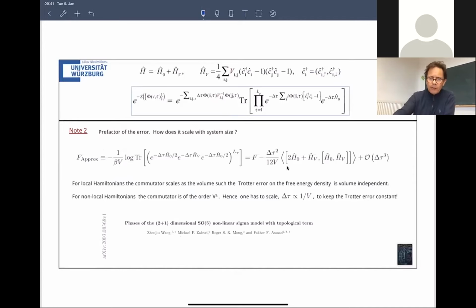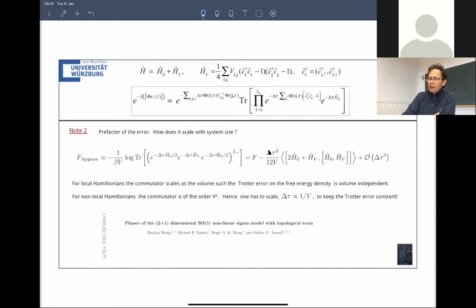And you should ask yourself how this commutator of commutator scales with system size. If you have HV and H0, which are sums of local terms, then you can argue that this commutator will be proportional to the volume. The commutator of the commutator will also be proportional to the volume. So I have a volume term here, which cancels this volume term here. And the systematic error will be of the order delta tau squared, independent of volume.